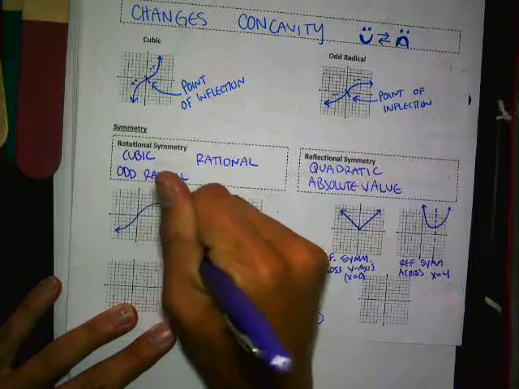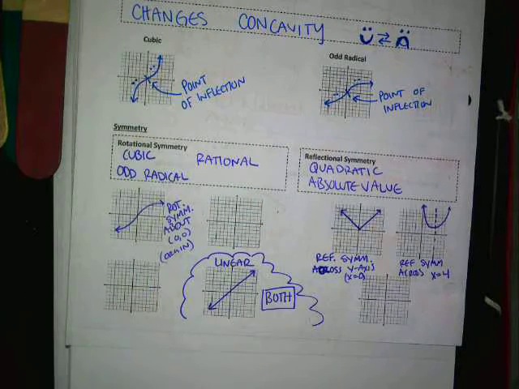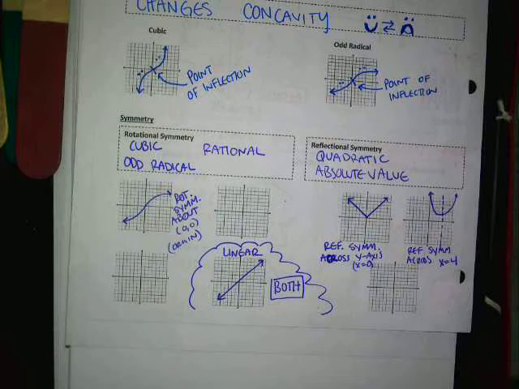So in this example, you can say 0, 0, or you can say the origin. So there's that middle point that you have to rotate it about for it to be the same function. Otherwise, you're going to be switching quadrants, which won't be good. So you have to say rotational symmetry about, and then that middle point, the point of inflection on these guys. That point right there is where you're rotating.